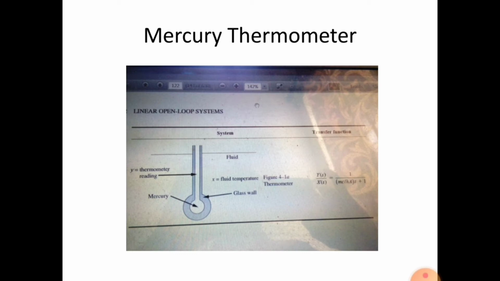The deviation in the input can be calculated as x minus xs, that is, the temperature at any given time minus the steady state temperature. Similarly, the deviation in the output temperature is y minus ys, the temperature at any given time minus the steady state temperature.